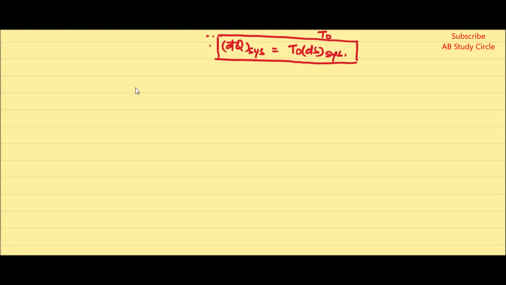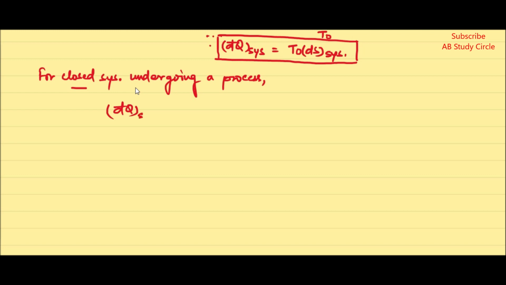Moving ahead, for a closed system undergoing a process, d cut Q system is equal to dU for the system plus d cut W for the system.